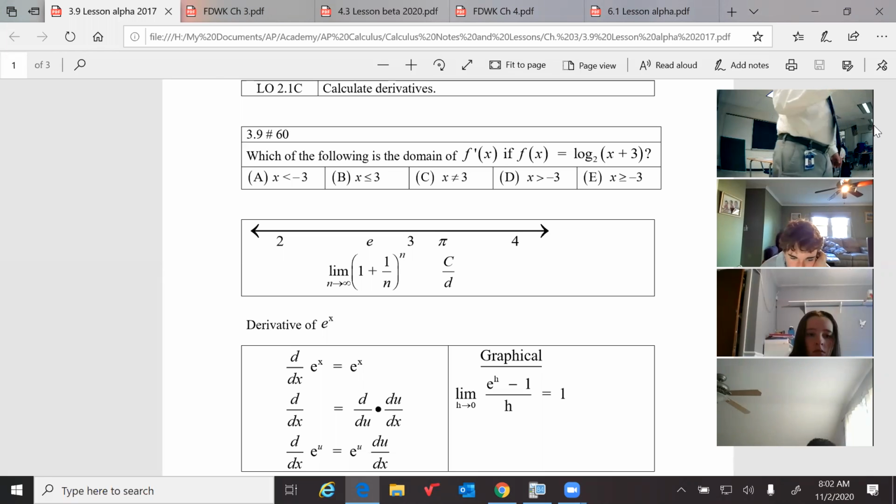Ready? e is an irrational constant. It's a non-terminating, non-repeating decimal. We've got up here a number line, trying to help you understand that. Between 3 and 4 is the number pi. What is pi? Well, the circumference of a circle is pi times diameter.